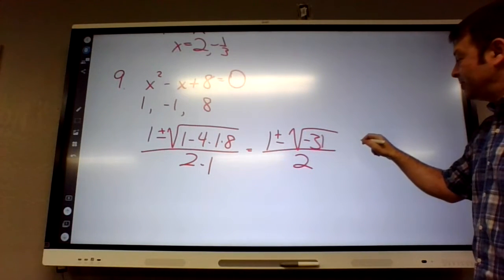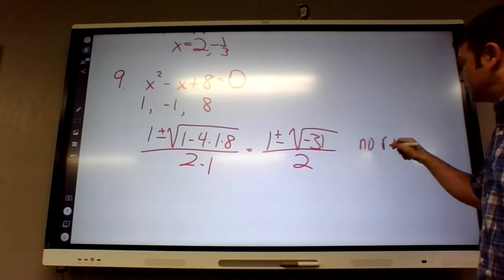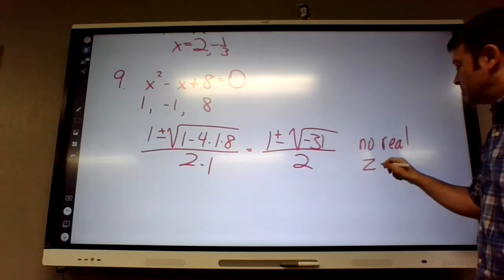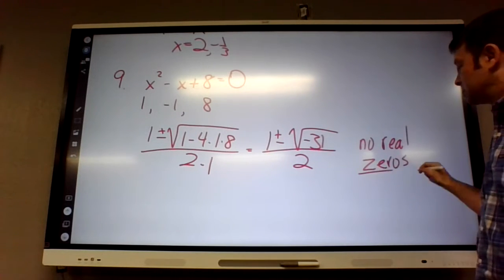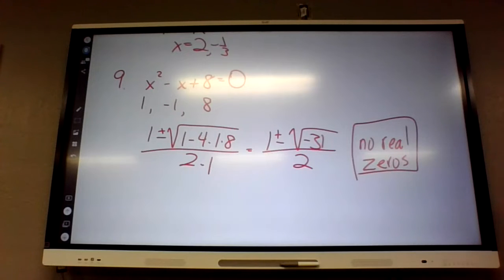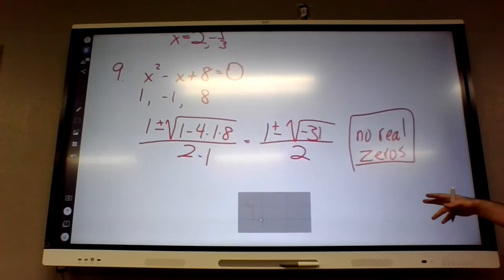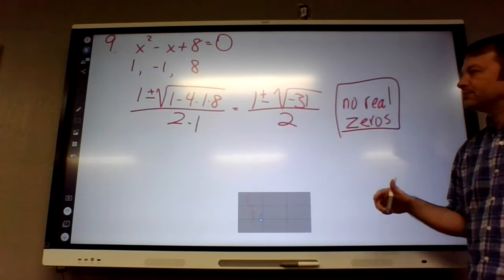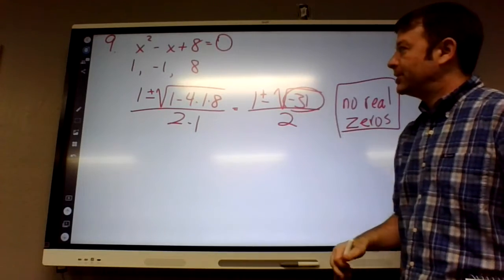If you get an imaginary, just put no real zeros. Now, if it had been positive square root of 31, that would have been the answer. We just leave that as the answer. But since it's negative, there's not really an answer. Could be imaginary.